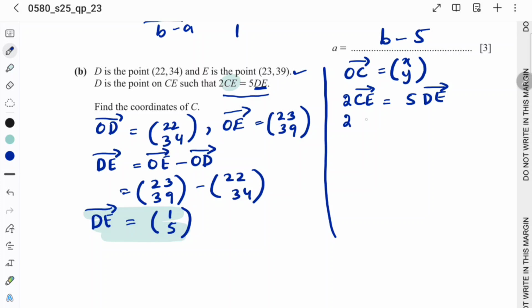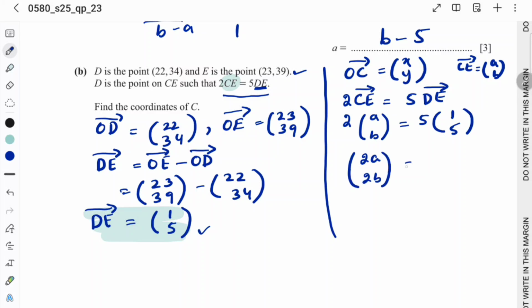So for CE I can take (a, b). Now look, if CE is (a, b) and 5 times DE is (5, 25), then you have 2a equal to 5 and 2b equal to 25.